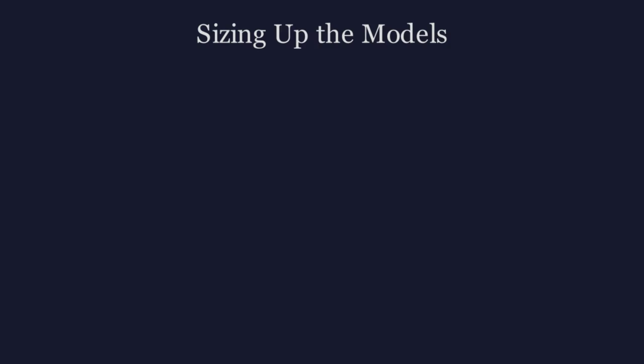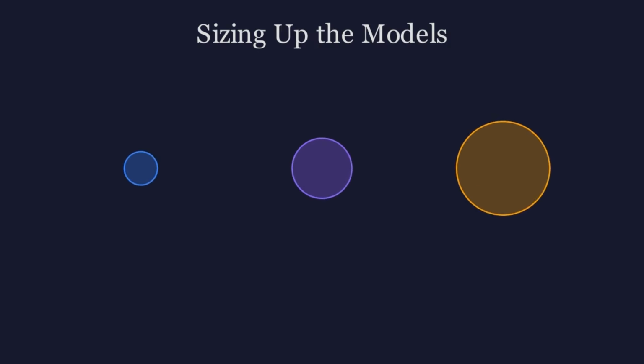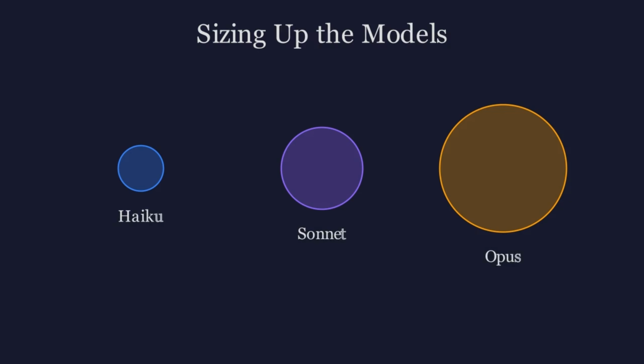Not all models are the same. Let's zoom in on Claude's family. Haiku is fast and cheap, perfect for quick tasks, like file navigation or simple operations. Sonnet is like the middle ground. It's good for just everyday tasks. And Opus is the powerful reasoning model. That one's designed for complex coding and reasoning tasks, and it's the go-to for anything complex.